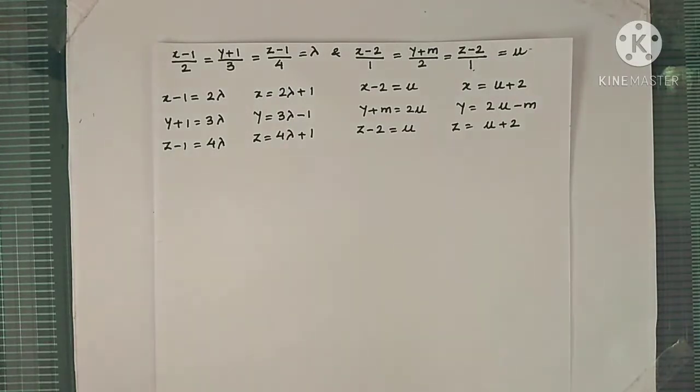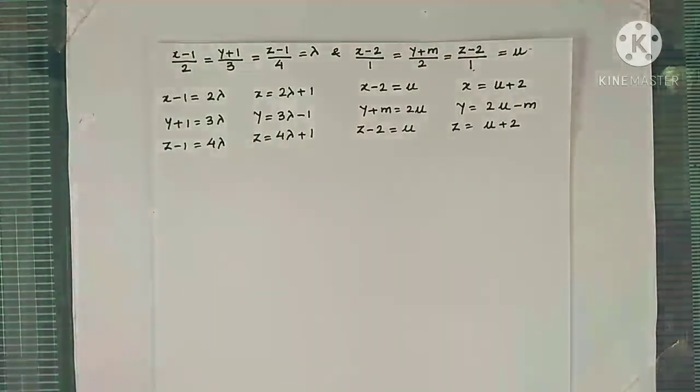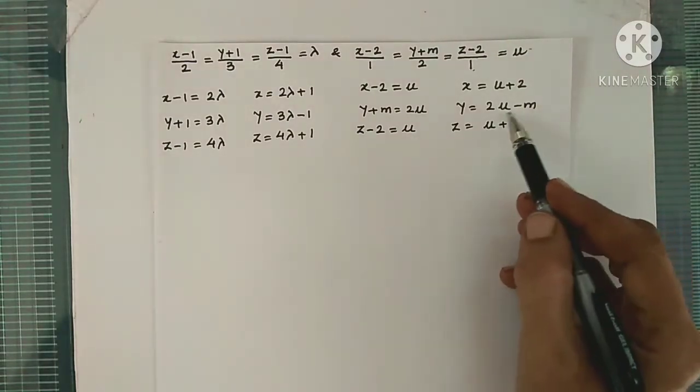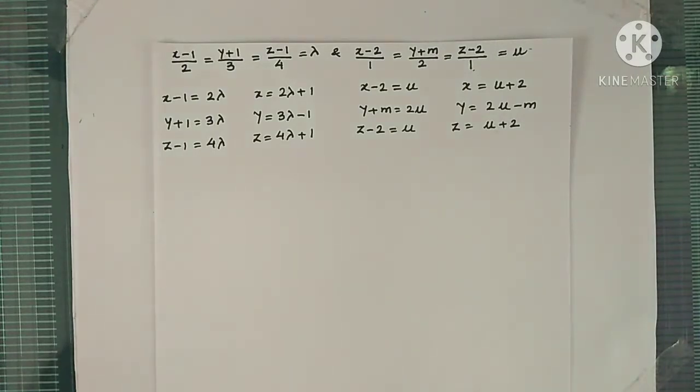Now the point of intersection lies on both the lines. So the point of intersection can be written in the form 2 lambda plus 1, 3 lambda minus 1, 4 lambda plus 1 for some value of lambda, and it can be written in the form mu plus 2, 2 mu minus m, mu plus 2 for some particular value of mu.